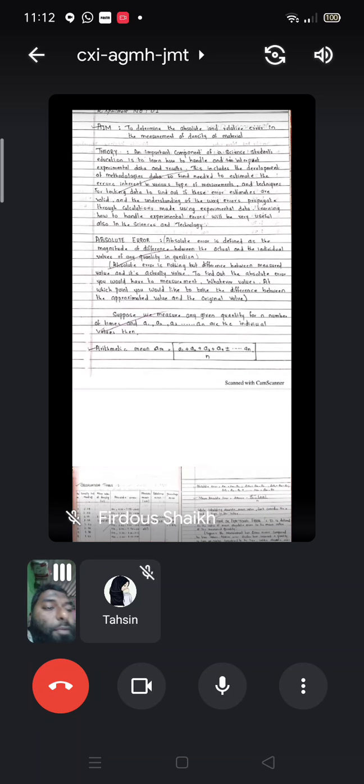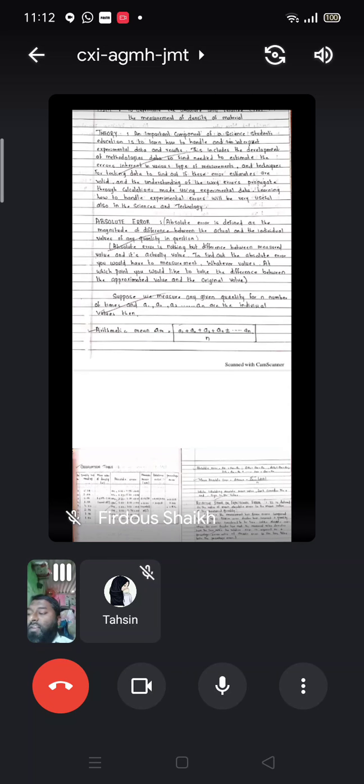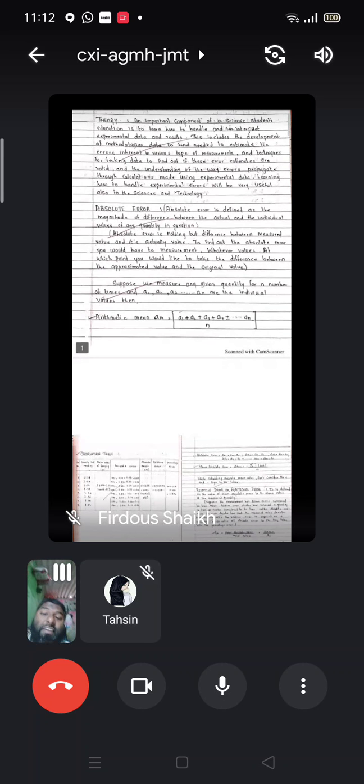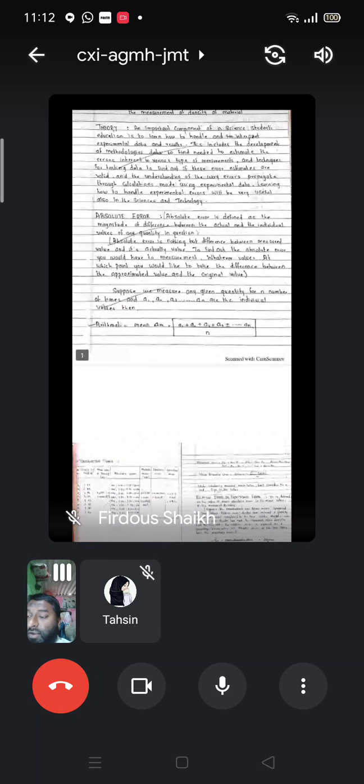To find the absolute error, you take the difference between the approximated value and the original value. Absolute error is nothing but the difference between the measured value and its actual value, that you have to remember. This is very important.